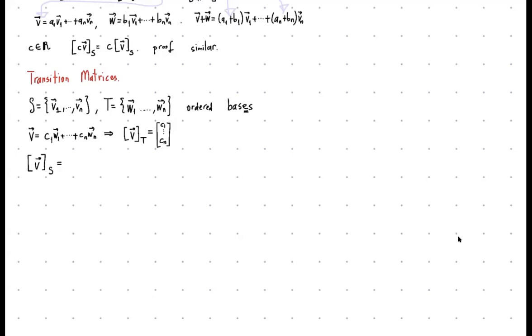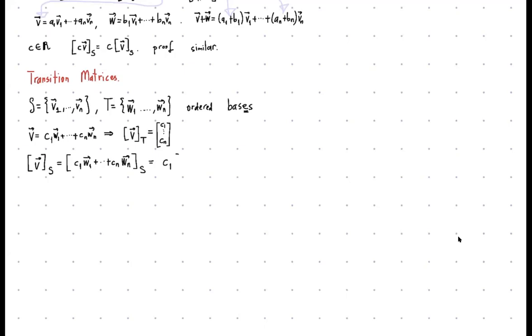So I know that the vector V can be written like this. So we can write it like this, plus Cn times Wn. And from our previous discussion, we have seen that I can separate this into a sum like this.